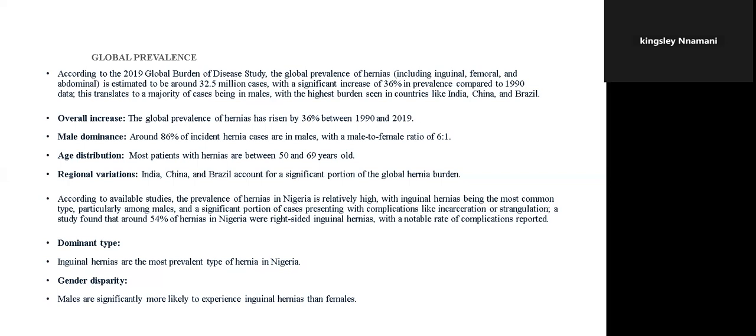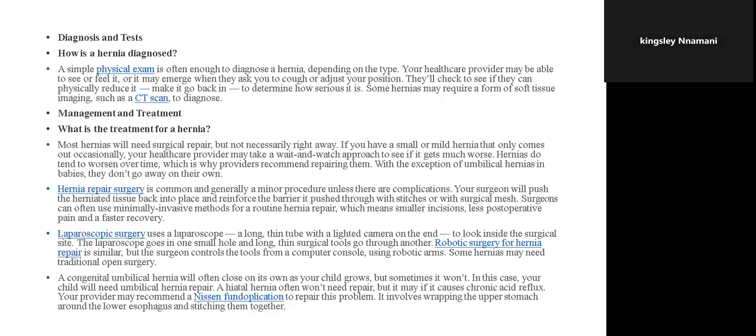Then we now have pockets of these other ones appearing with patients at different regions of our country. Globally, hernia prevalence is very, very high. The global prevalence of hernias has risen by 36% between 1990 and 2019 alone. So we have high incidence of hernia globally. So it is not something we should take for granted.